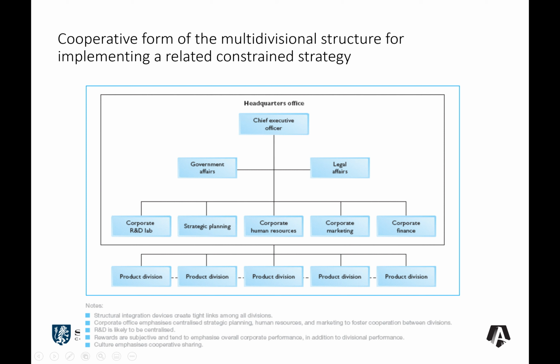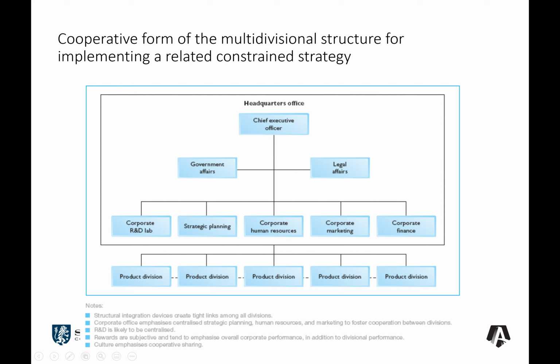As you can see, we have a CEO and specific central offices: government affairs, legal affairs, corporate processes of marketing, finance, human resources, planning, and R&D, and then separate product divisions. This is a cooperative form built around products, with linkages between them designating that they're cooperating.